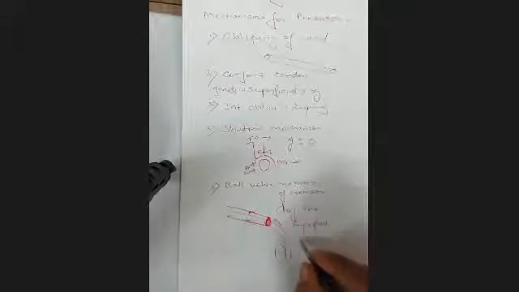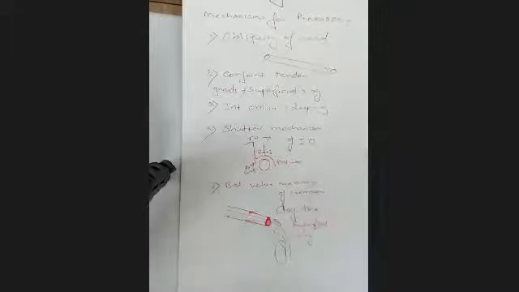These contents of the spermatic cord then clog the superficial ring. That is called the ball valve mechanism of cremaster. Whenever the cremaster contracts, it pulls up the contents of the spermatic cord and clogs the superficial ring.